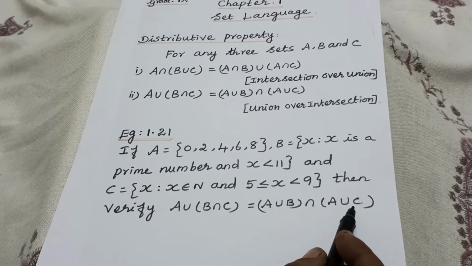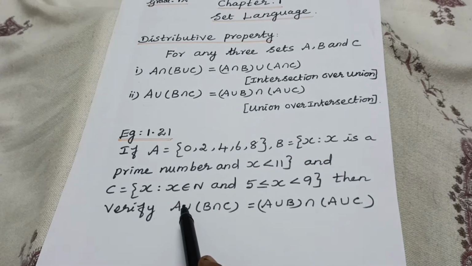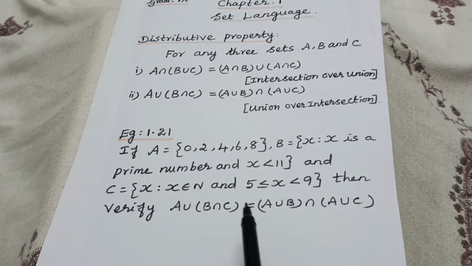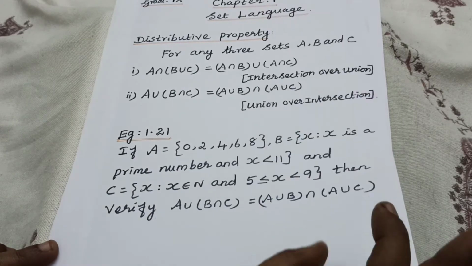That means which property? Second property, union over intersection. Then how can we find?